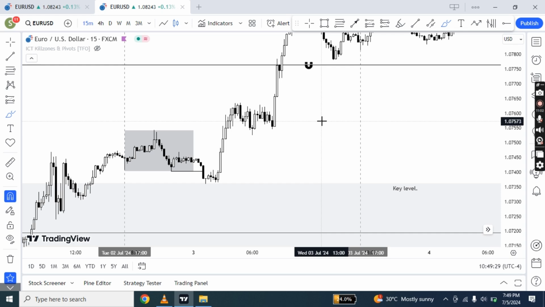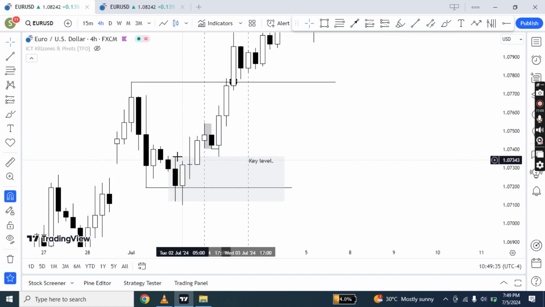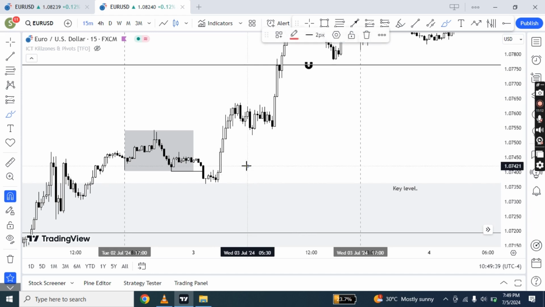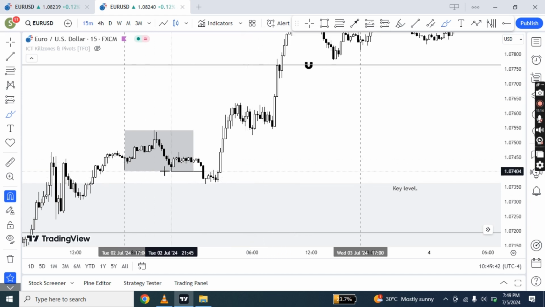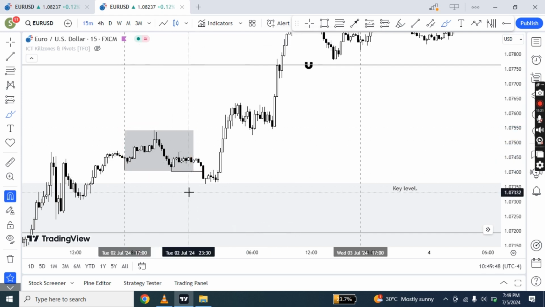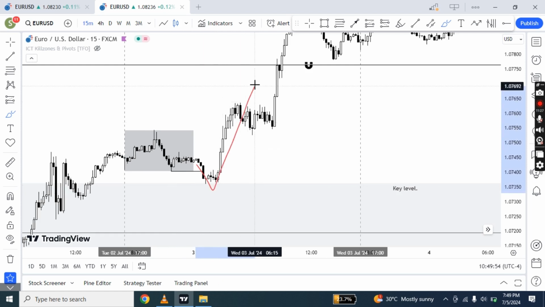But again, that's not a problem for us, because we did our higher time frame analysis and we drew this key level on the 4-hour time frame in the form of an order block. And on the lower time frame, we can see that price didn't test that key level and formed the range just above that. So using the same logic over again, we know that if price is going to expand higher, first it has to test a key level.